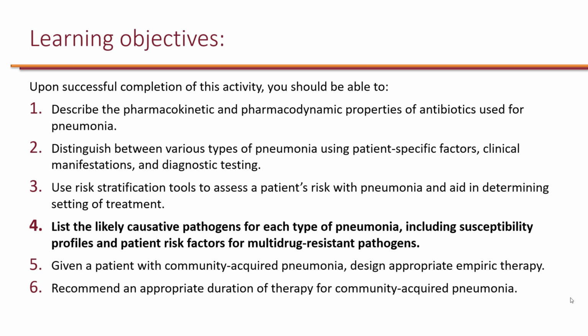We describe the PK/PD properties of antibiotics used for pneumonia and distinguish between various types of pneumonia, and use the risk stratification tools to assess a patient's risk with pneumonia and aid in determining setting of treatment. Now let's list the likely causative pathogens for each type of pneumonia, including susceptibility profiles and patient risk factors for multi-drug resistant pathogens.